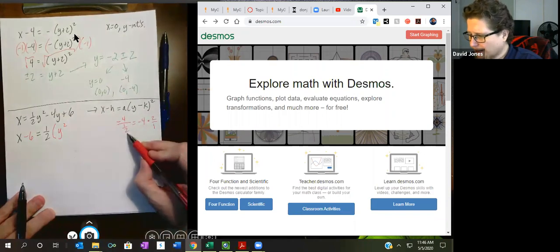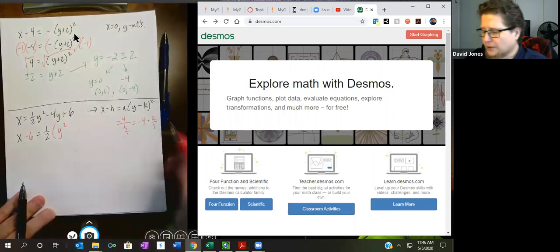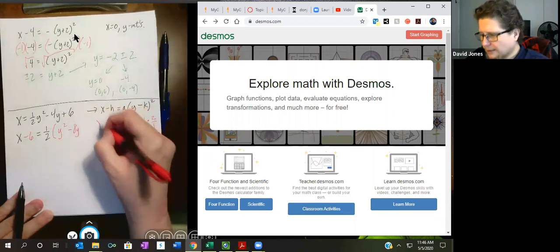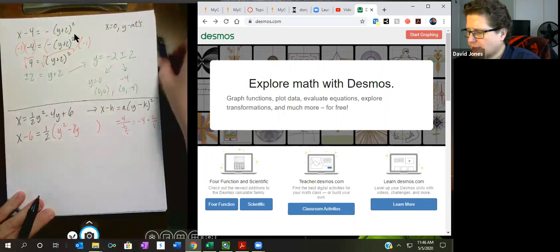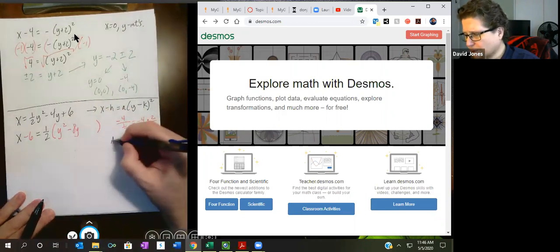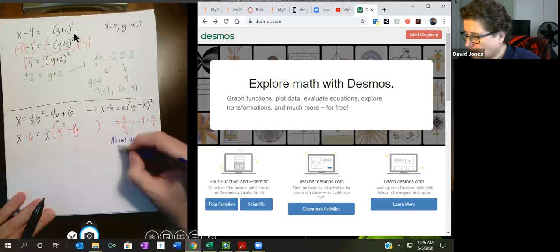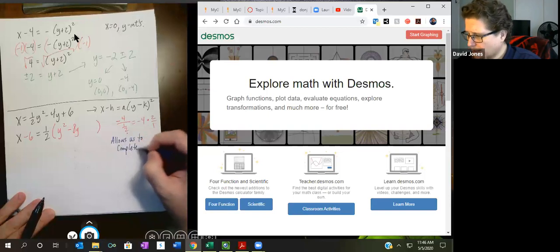Instead of dividing by a fraction, we can multiply by the reciprocal. This is -8y, and I'm going to leave a blank. This allows us to complete the square. Yeah, I told you that would keep coming back.